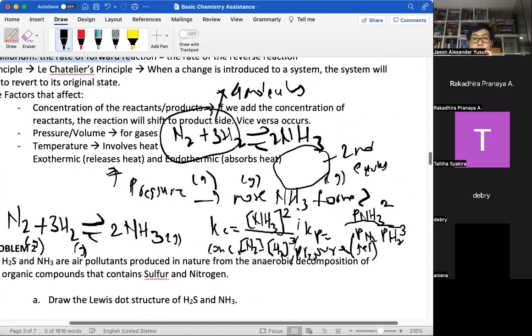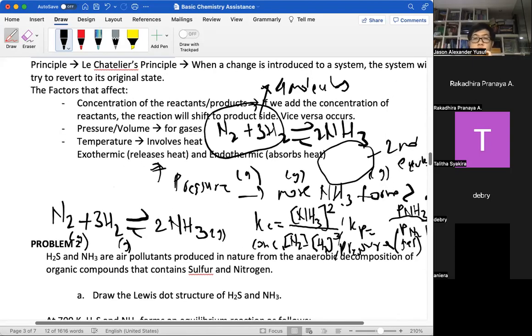Right? And I don't know if you've known this already, but Kp and Kc have a relationship, and Kp is equivalent to Kc multiplied by (RT) to the power of delta n. What's delta n? Delta n is the difference in the sum of coefficients.